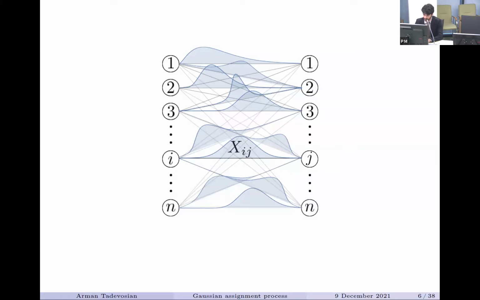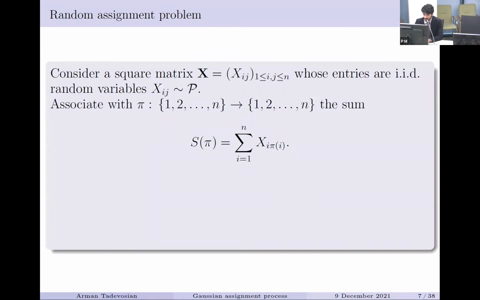Okay, let us specify our problem. Consider a square matrix X whose entries are independent and identically distributed random variables xij that are sampled from some distribution pi. And associate with each permutation pi of the set 1, 2, ..., n the following sum: S of pi equals the sum for i from 1 to n of x i pi(i).